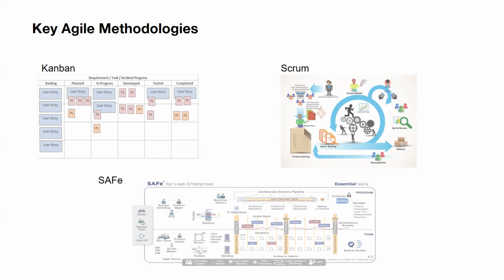Scrum is another method, and I will explain the Scrum model a little better at later stages. SAFe is the Scaled Agile Framework that is used by large-scale companies using the Agile method, right? So these are different methods that can be implemented under Agile. We will discuss more about Scrum at later stages.